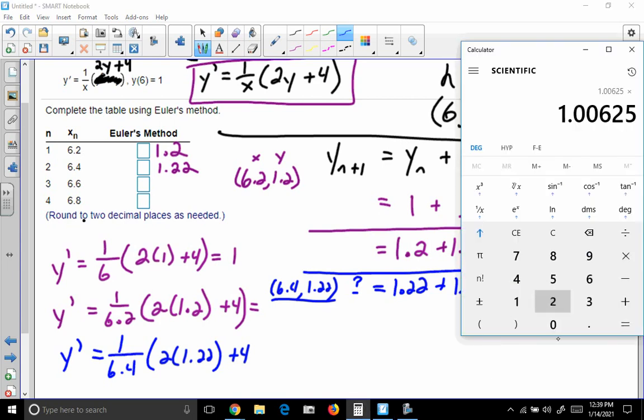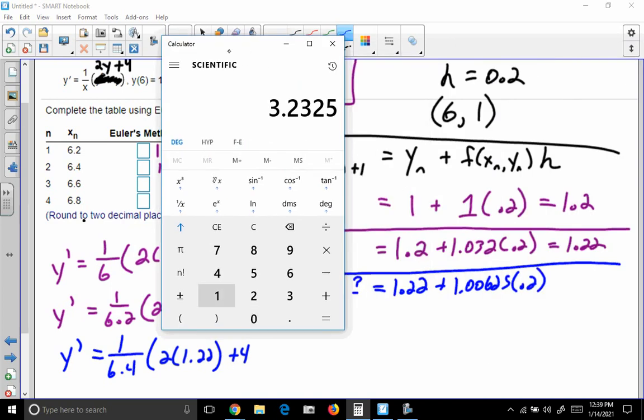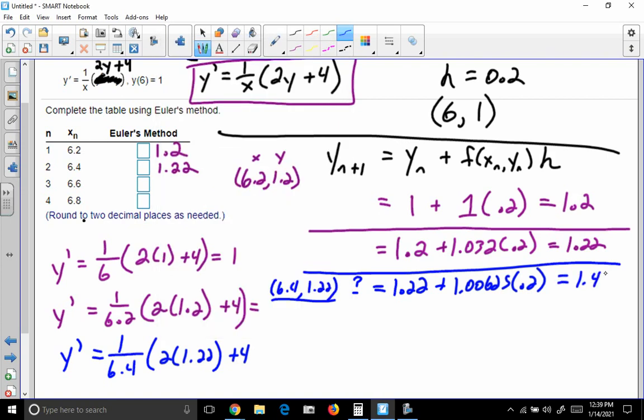So 1.00625 times 0.2 plus 1.22. To 2 decimals, that's 1.42. So when x is 6.6, we should be at a height of 1.42.